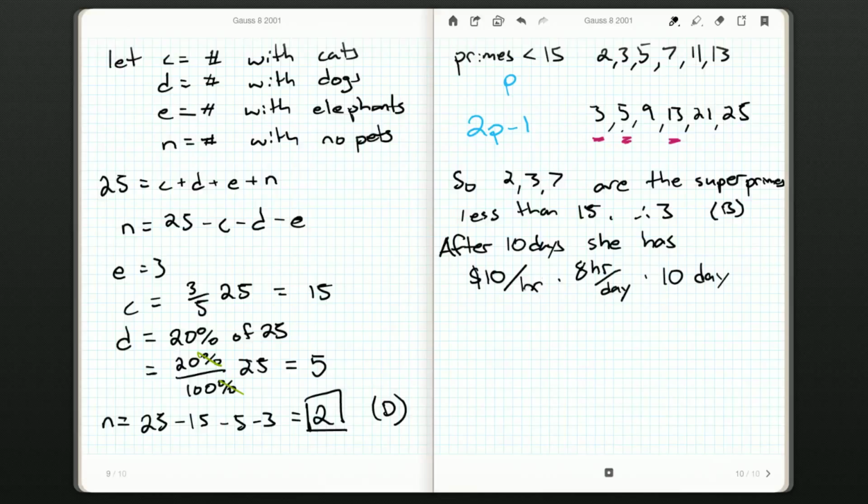So if we multiply these together, just looking at the units, dollars per hour, hours per day, and days, our day units are going to cancel out, our hour units are going to cancel out, and we'll just be left with dollars. 10 times 8 times 10, or $800. So after working for 10 days, Laura has $800.